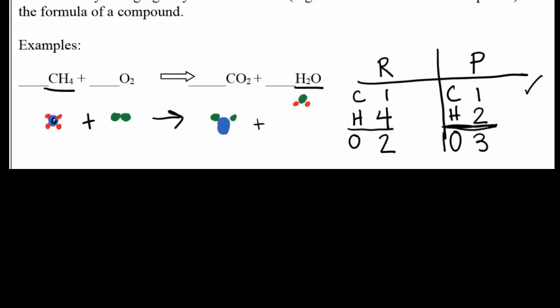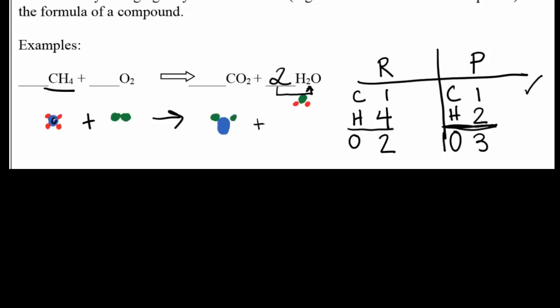What I'm really doing is I can't change this number, but what I can do is change the number of water molecules. If I have 1 water molecule, I have 2 hydrogens. But what happens if I say that I have 2 water molecules? Now how many hydrogens do I have? Well, you're going to have to multiply the coefficient number by the subscript number.